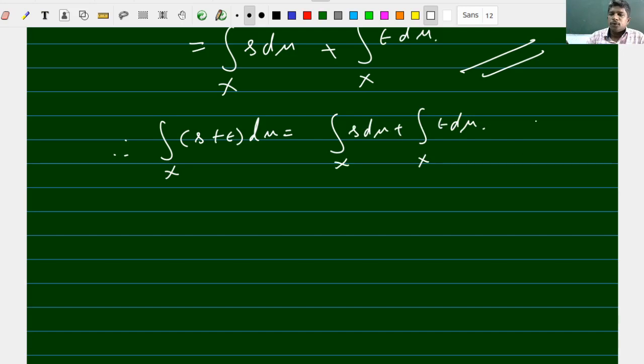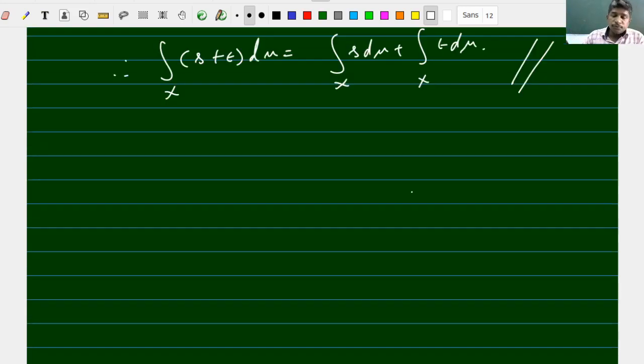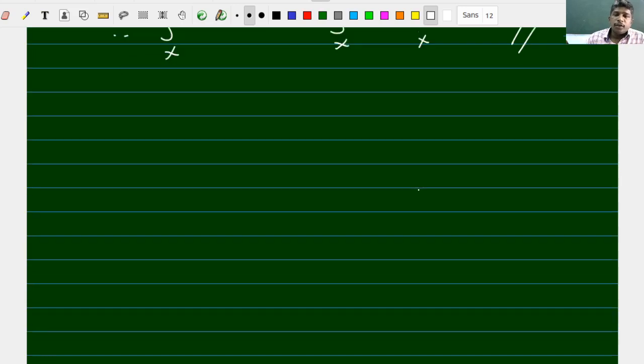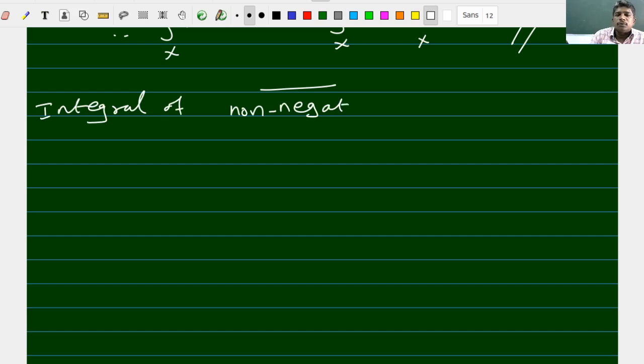Okay, so now we write the definition of the integral of a non-negative measurable function.